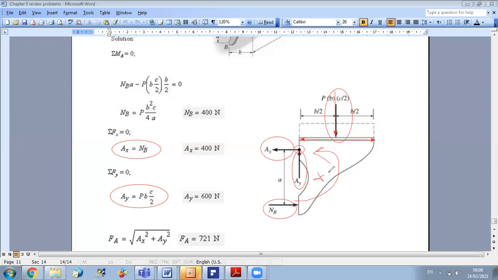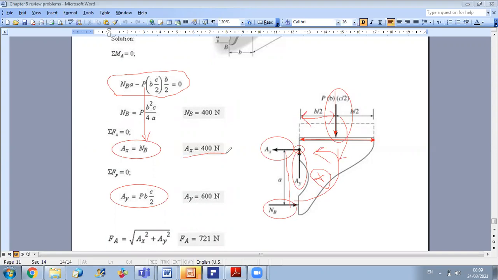Then we will have plus NB times the distance A, and for P, it's a clockwise moment, so it's minus PBC over 2 times this distance, which is B over 2. In this equation, the only unknown will be the normal reaction at B. So from this relation, we can get the value of NB and then replace it into sum of X to get the value of AX.